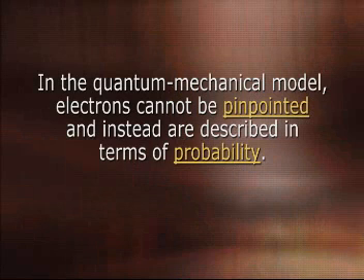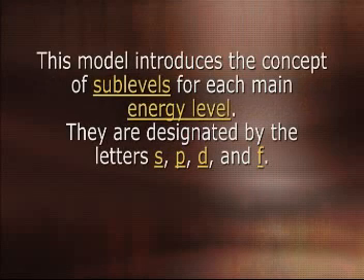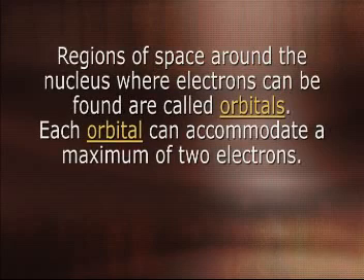In the quantum mechanical model, electrons cannot be pinpointed and instead are described in terms of probability. This model introduces the concept of sublevels for each main energy level. They are designated by the letters S, P, D, and F. Regions of space around the nucleus in which electrons can be found are called orbitals.